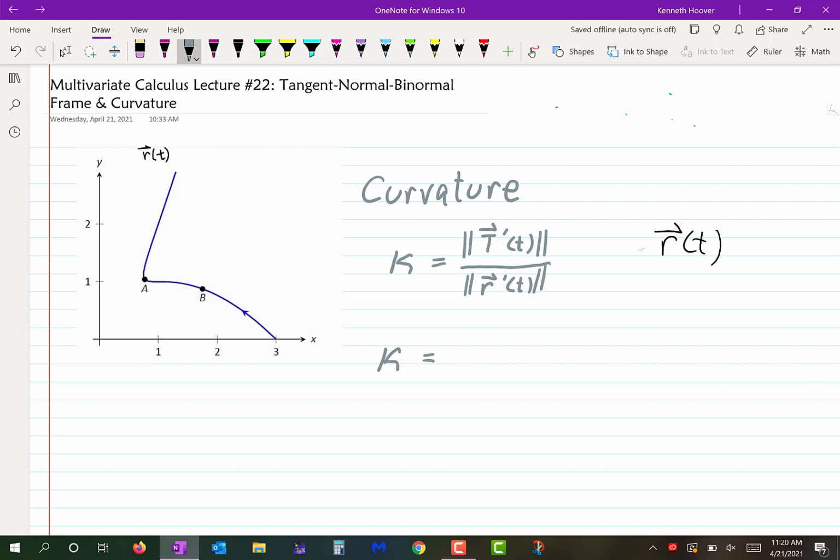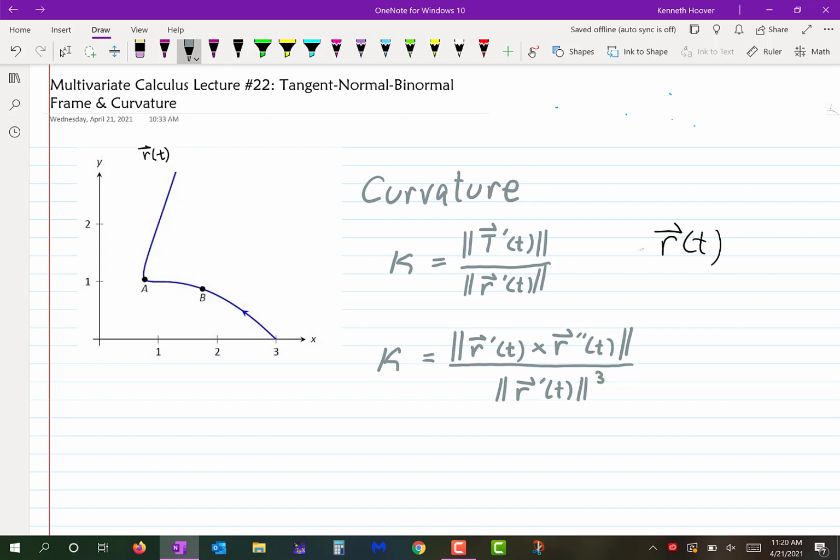Okay? Another way you can calculate curvature, if you think this would be easier, is you calculate little r prime of t, cross product with little r double prime, and then calculate the magnitude of that vector, and then divide that by the magnitude of r prime cubed.